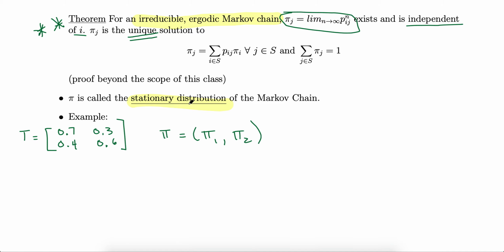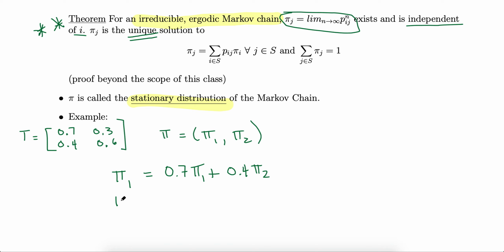Okay, so if we break down our system of equations here, I only have 2 states in our simple example. So pi 1, we'll start with j equals 1, is the sum over i of p_ij pi i, so I'll start with i equals 1. So p11 is 0.7 times pi 1, plus, now i is going to be 2, so p21, that's this guy, 0.4, times pi 2.